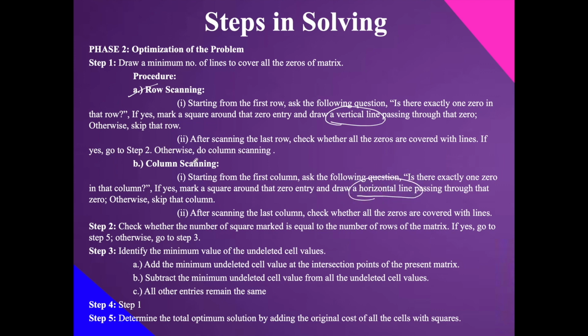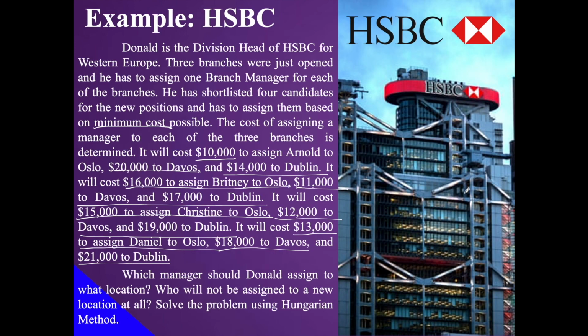Ang perspective natin dito ay patayo, per column. Pag nakakita tayo ng nag-iisang 0 sa isang column, ang gagawin natin ay draw a horizontal line, not vertical, passing through that 0. Otherwise, skip that column. So, sige, let's do the column scanning.